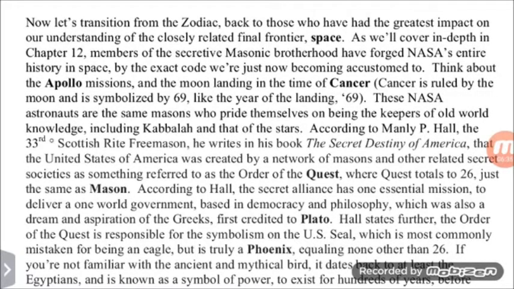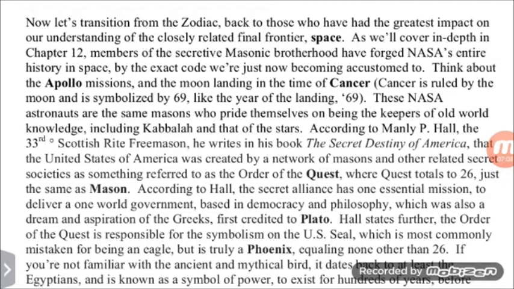Now let's transition from the zodiac back to those who have had the greatest impact on our understanding of the closely related final frontier, space. As we'll cover in depth in chapter 12, members of the secretive Masonic Brotherhood have been running NASA for its entire history in space, by the exact code we're just now becoming accustomed to. Think about the Apollo missions and the moon landing in the time of Cancer.